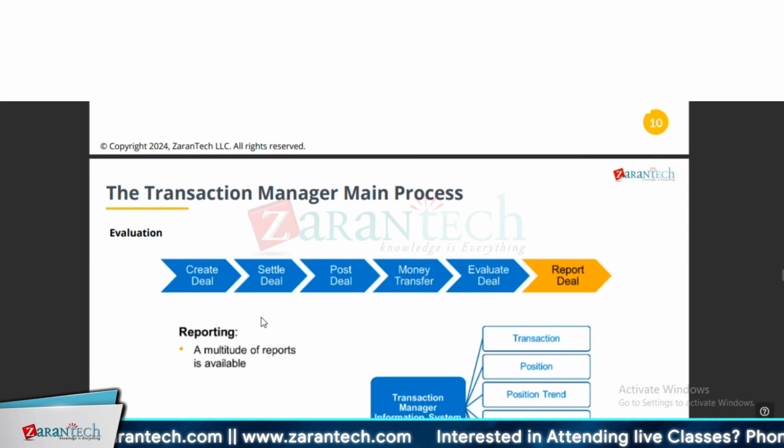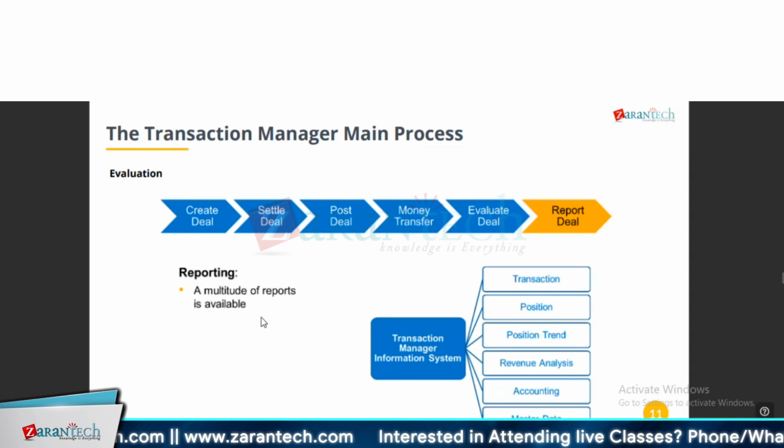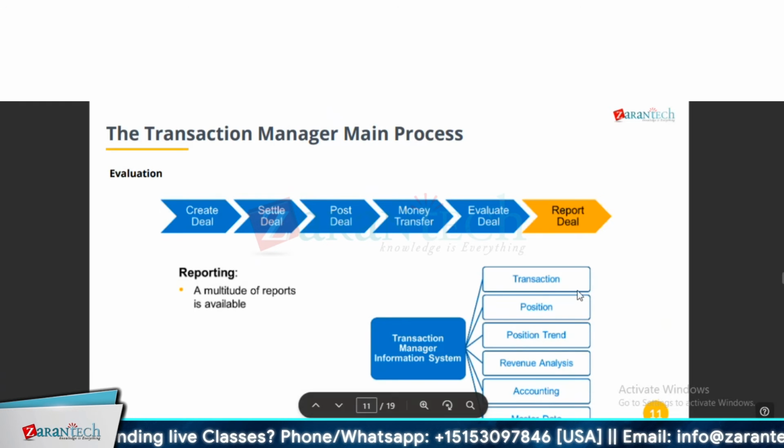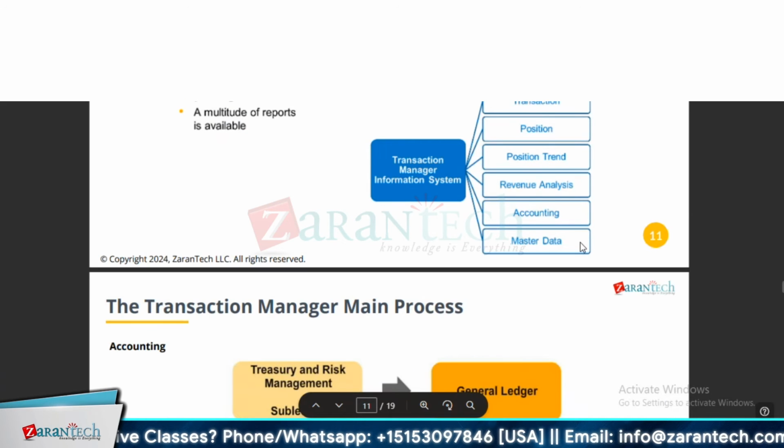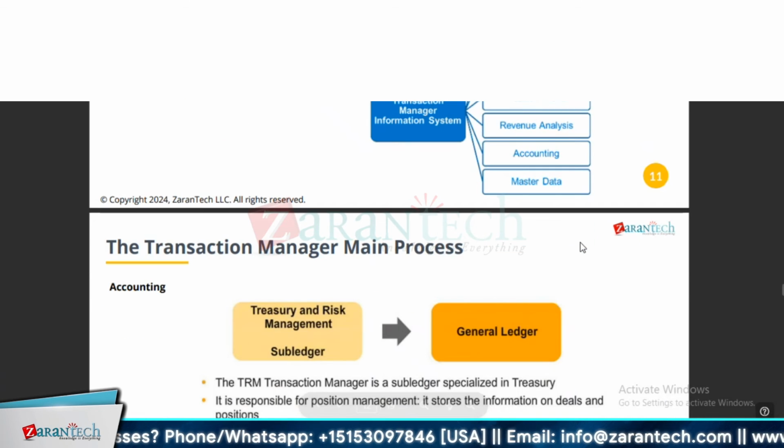This is the last aspect of the entire transaction manager, which is the reporting aspect, where multiple Fiori apps are created for different sorts of reporting. We have the transaction reporting, position, where we can see the position values, revenue analysis, the accounting, the master data. Different sorts of reporting are available for us.